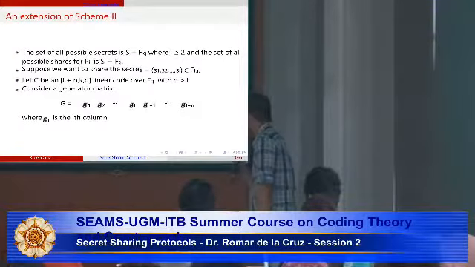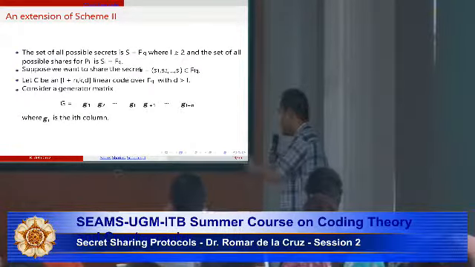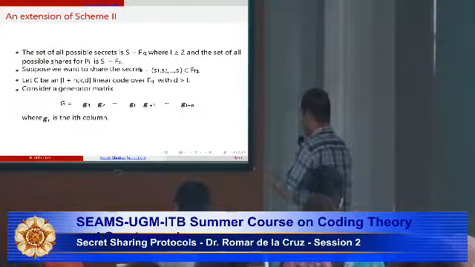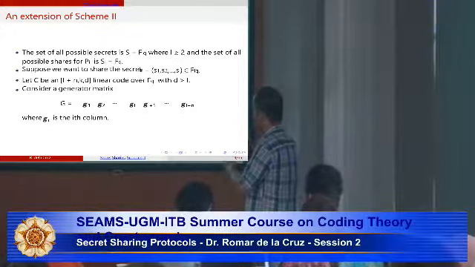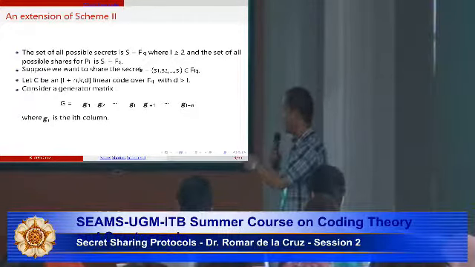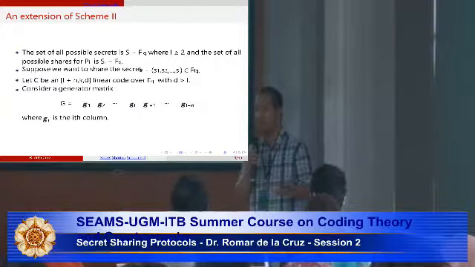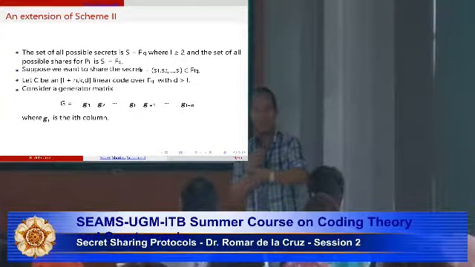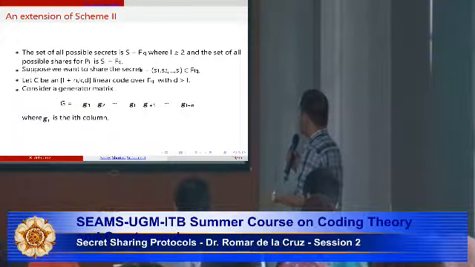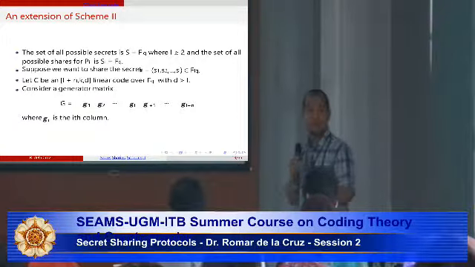Now, one question that you can ask concerning this construction is: if you recall, the secret is just one field element. Is it possible to extend the construction? It's possible. You can make the secrets bigger.